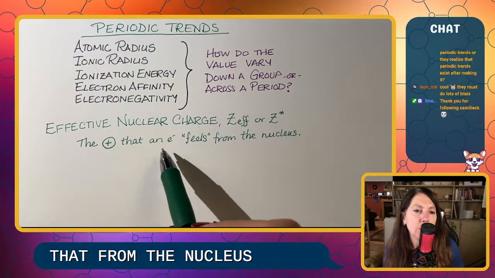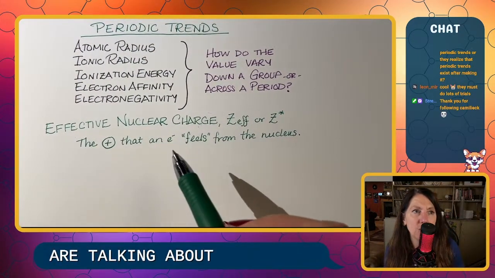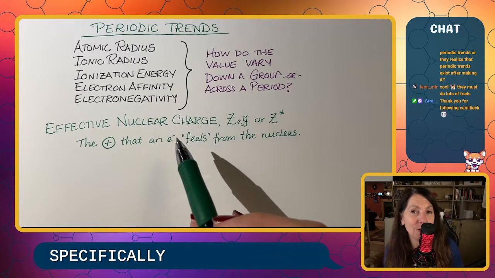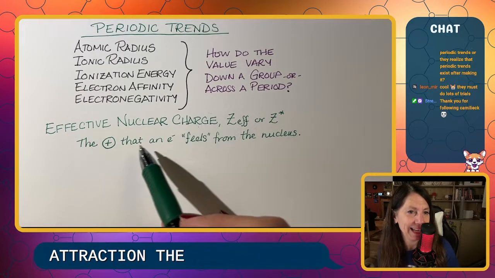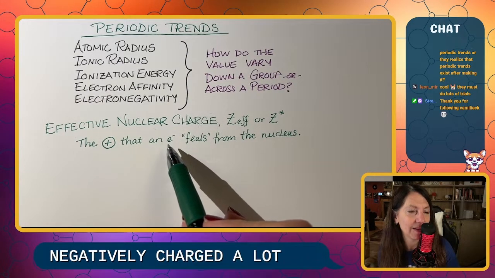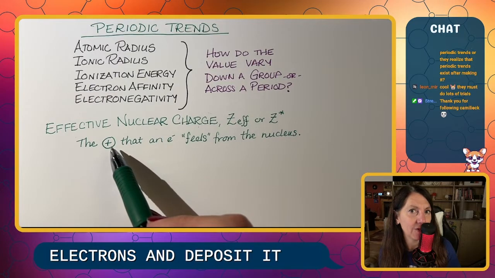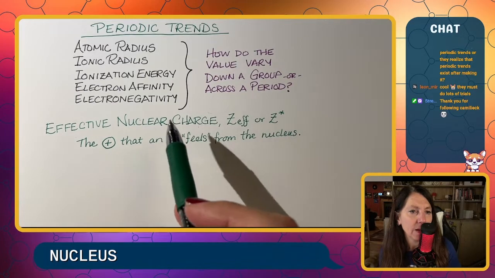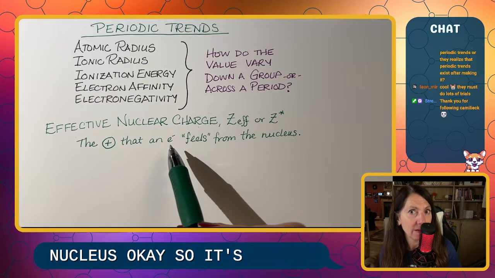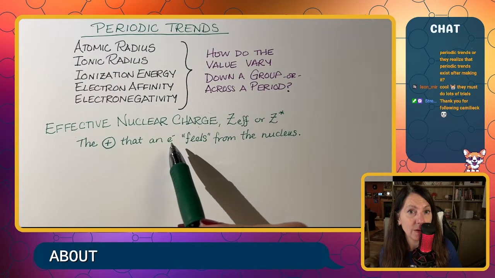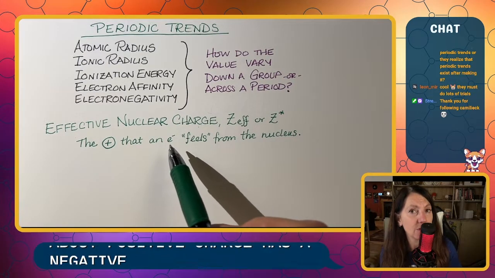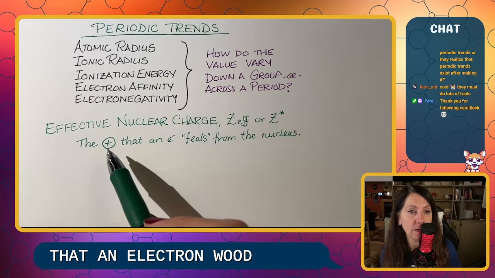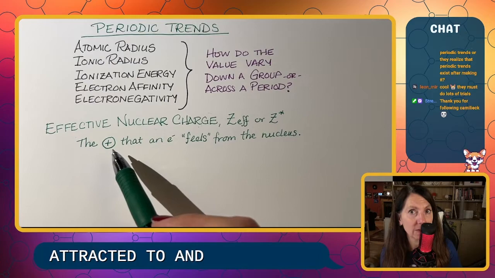Okay, so we are talking about a Coulombic interaction, specifically a Coulombic attraction between a negatively charged electron and a positively charged proton in the nucleus. So it totally makes sense, if you've learned about positive and negative charges attracting each other, that an electron would feel attracted to a nucleus.